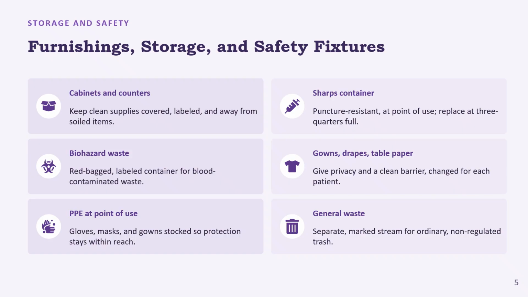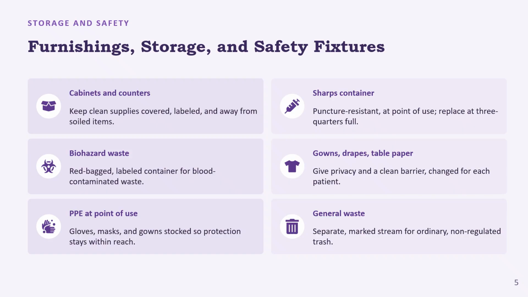The biohazard waste container, lined with a red bag and labeled, receives regulated waste, meaning items contaminated with blood or other potentially infectious materials. That is a different stream from ordinary trash. Gowns, drapes, and table paper give the patient privacy and create a clean barrier that you change for each patient.